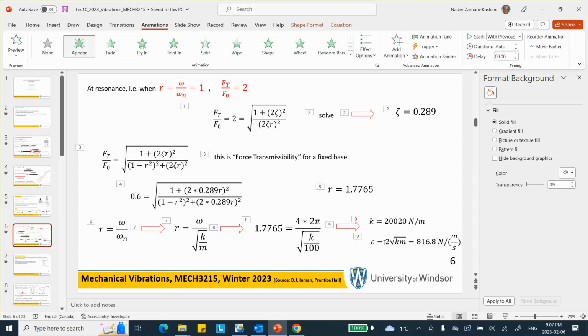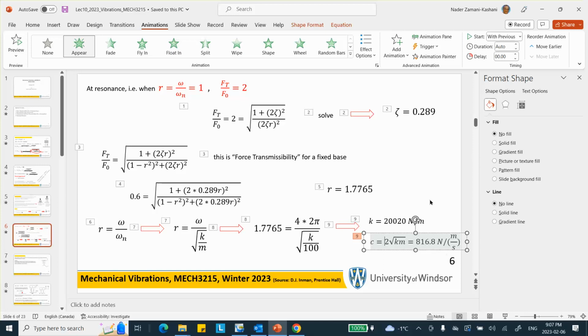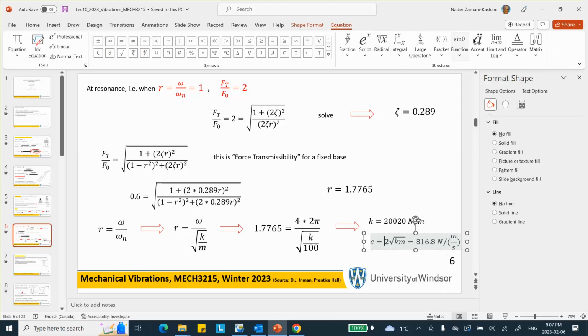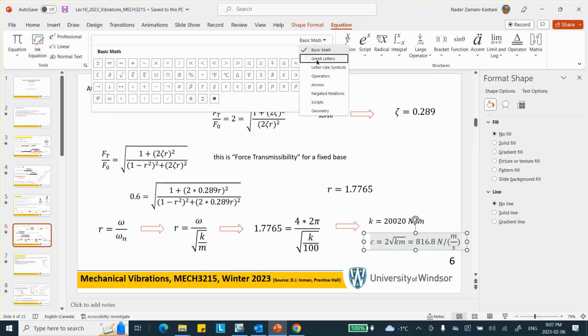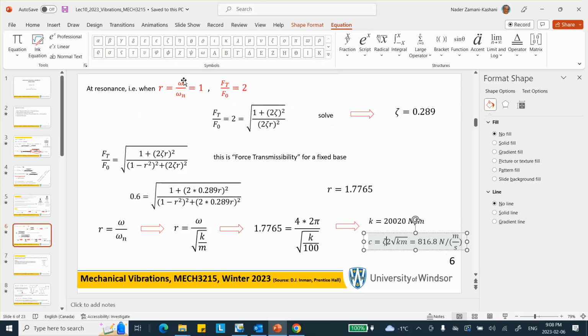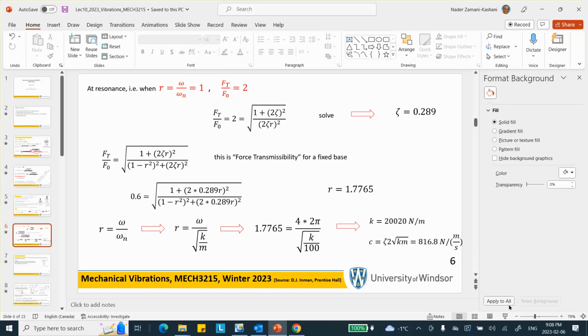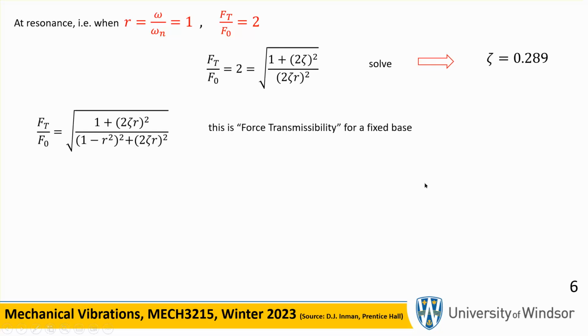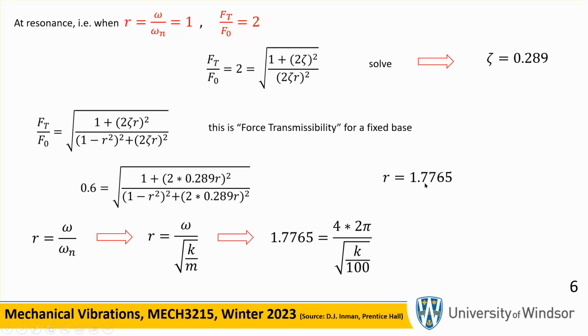So we need to multiply that by zeta. No problem with K. K comes out of that.